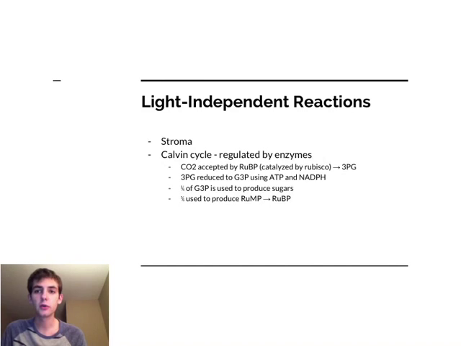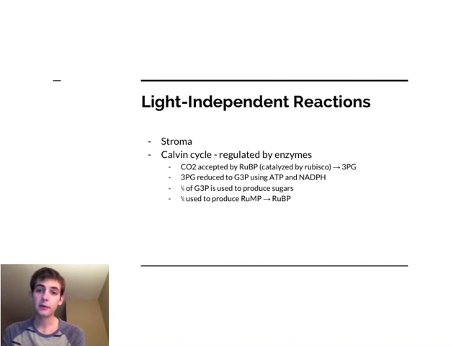That 3PG is going to be reduced, so it's going to gain an electron and become a G3P using a lot of ATP through that cyclic formation of ATP in photosystem 1, and also some NADPH, which is an electron carrier similar to NAD or NADH.